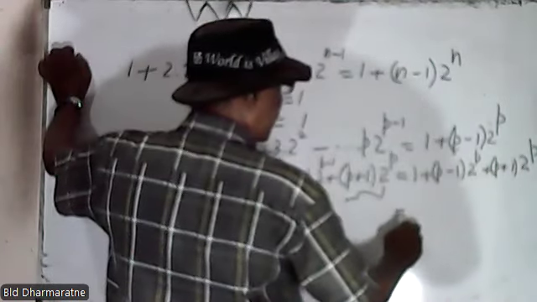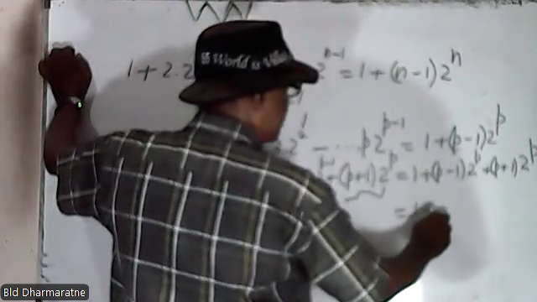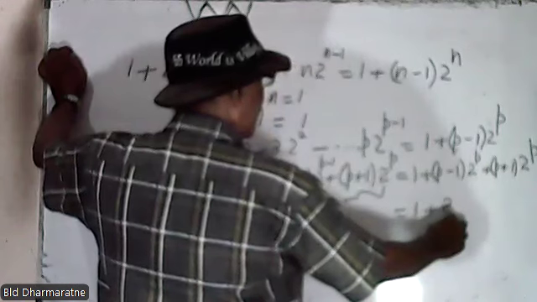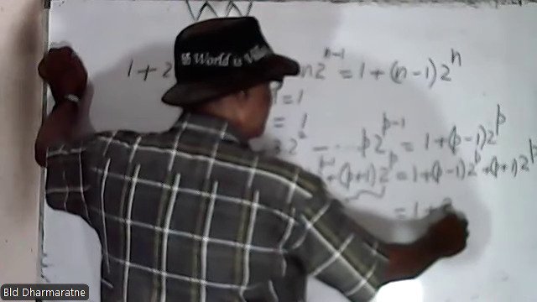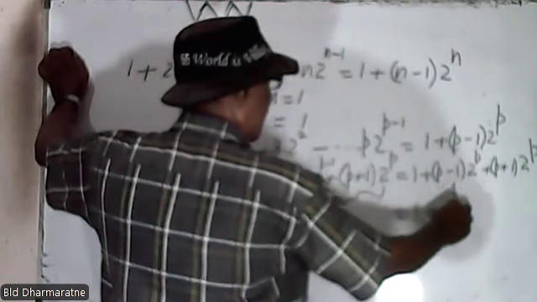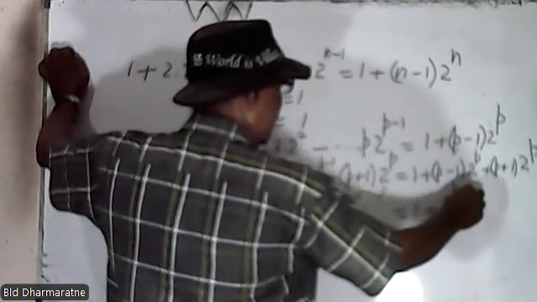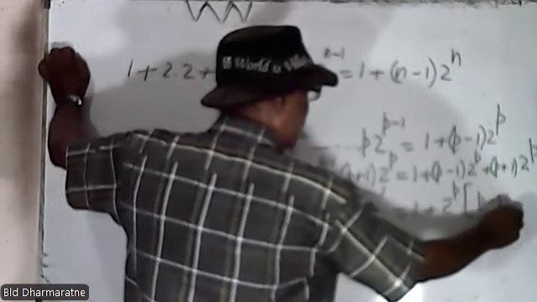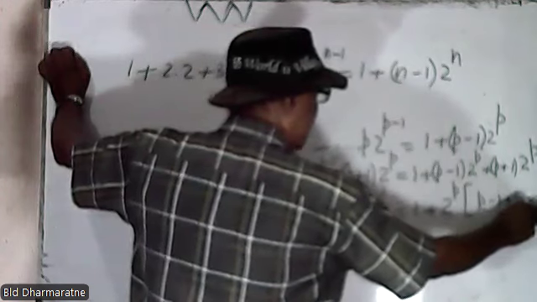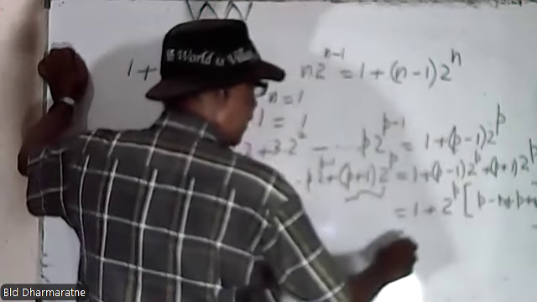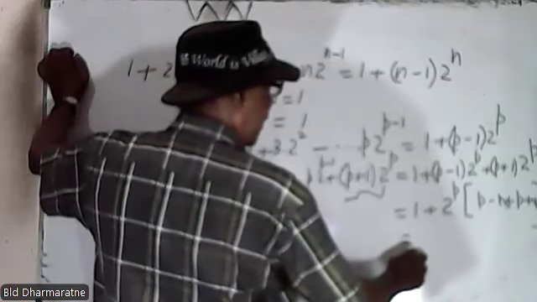Now calculate this. 1 plus 2 to the power p, we have to take out 2 to the power p. Inside we have p minus 1 plus p plus 1. The 1s cancel, giving 2p. So 2 to the power p times 2p.